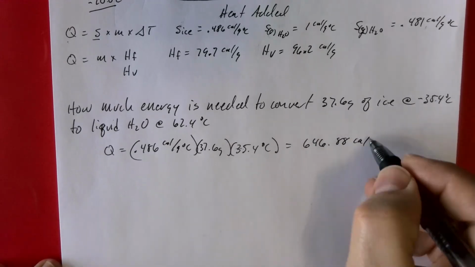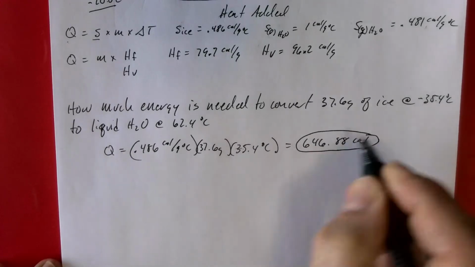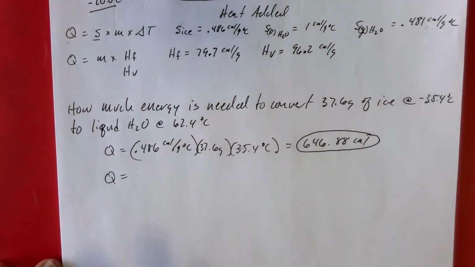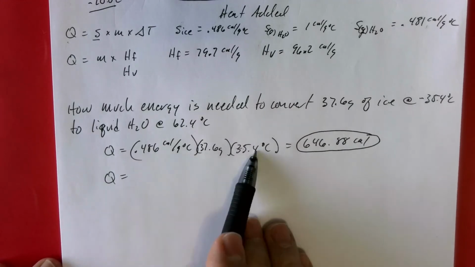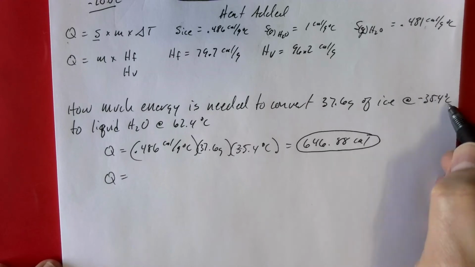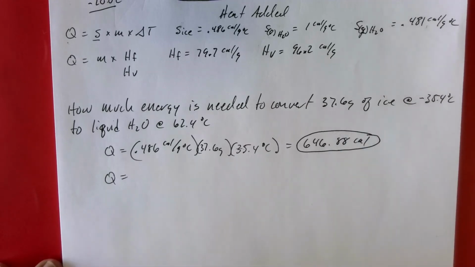Then I'm just going to put a circle around that because I'm going to use that in a minute, right? Okay, then what am I going to do? Right now, by adding that much energy, I have taken my ice from negative 35.4 up to 0. Now what do I have to do with that ice?